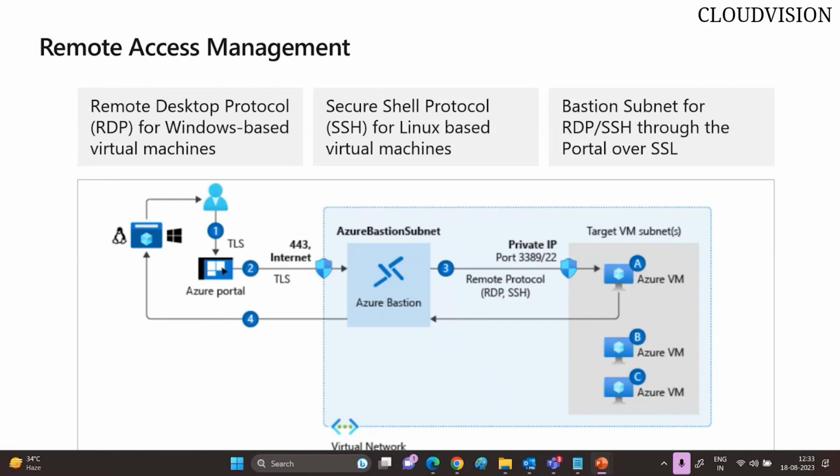Whenever it comes to any compute, maybe it's a virtual machine, your Azure VM, any type of VM, anywhere it is hosted, how are you going to take remote access of it? Think about what is the general way of taking the remote access of your resources.